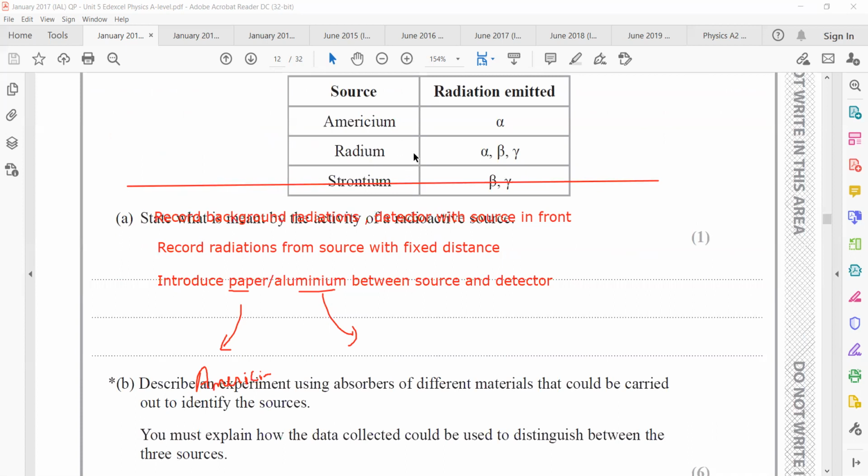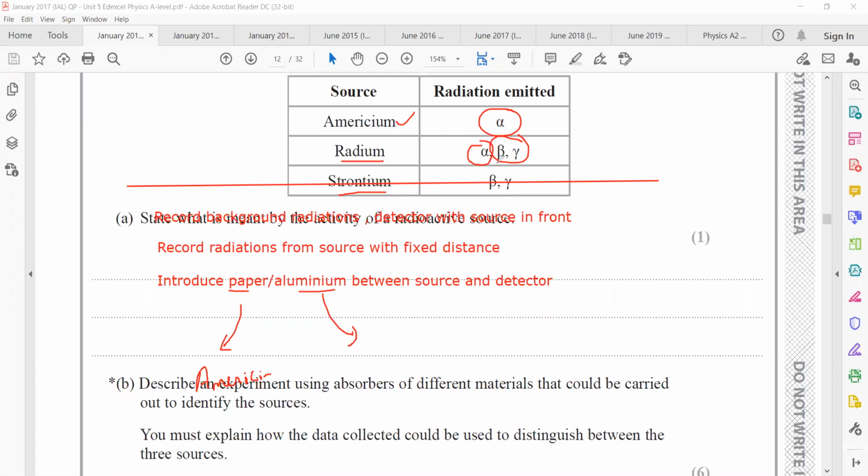When we place a paper in front of it, if the count reduced to background, because paper will stop this alpha particle, it means it will be americium. But if it was a radium source, alpha will be stopped by the paper, so the count will reduce, but not to background. Still there are other radiation.